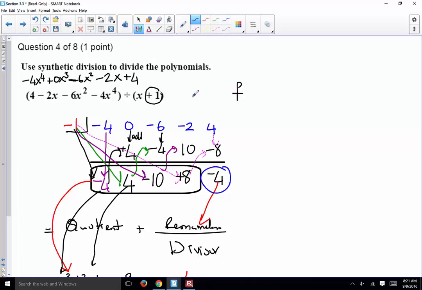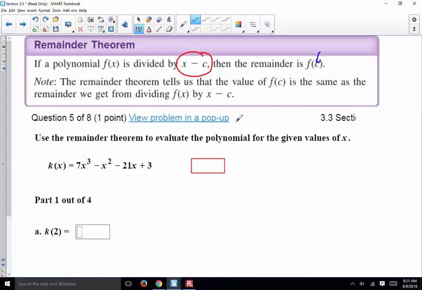All you need to do is, if this is f of x, if you want to find out the remainder of x plus 1, you just need to plug in -1 in there, the opposite of this number. Okay, that's exactly what it says here. Look, it's -c, negative, but this thing is positive c. It doesn't have a minus sign, so we always use the opposite.